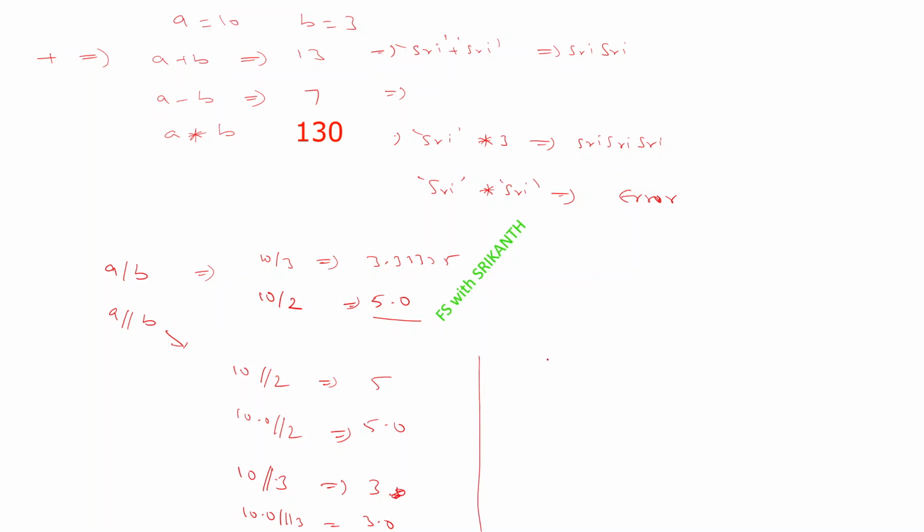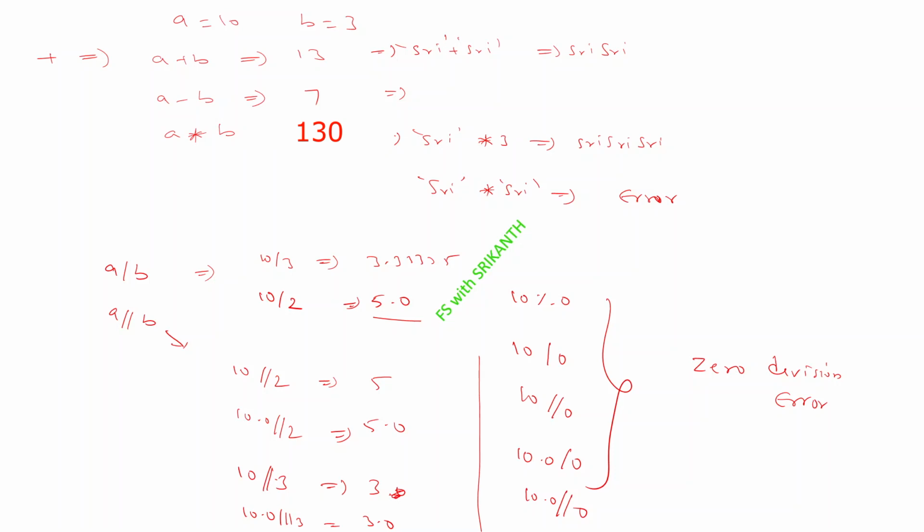Suppose we are going to do 10 by 0, and 10 slash slash 0, and 10.0 by 0, and 10.0 slash slash 0, and 10 percent 0. In all these cases we get a zero division error. We always get zero division errors, something by 0.